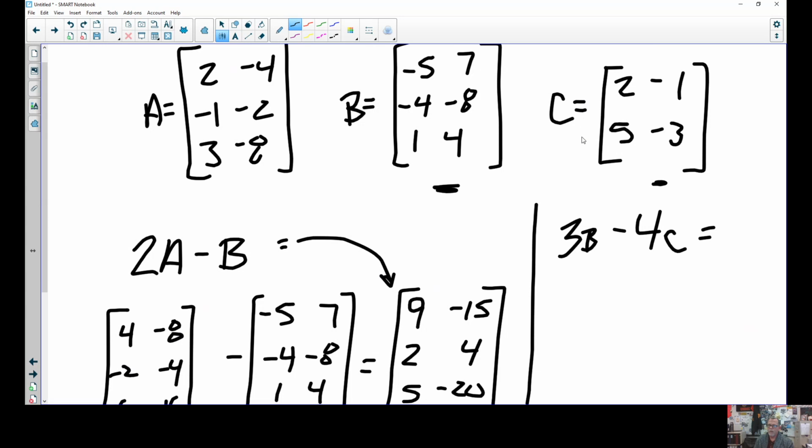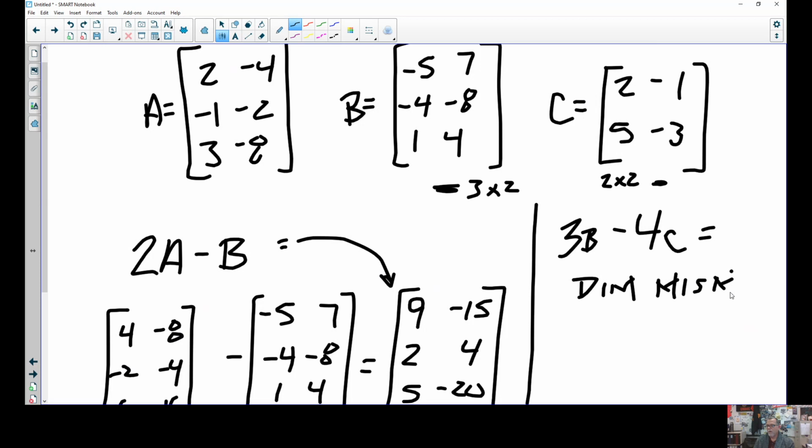If you noticed, this is a 2 by 2, and this is a 3 by 2. So I don't care if I multiply this by 3 and this by 4, there's still going to be 3 by 2 and 2 by 2. So I can't do this. So this is a dimension mismatch.